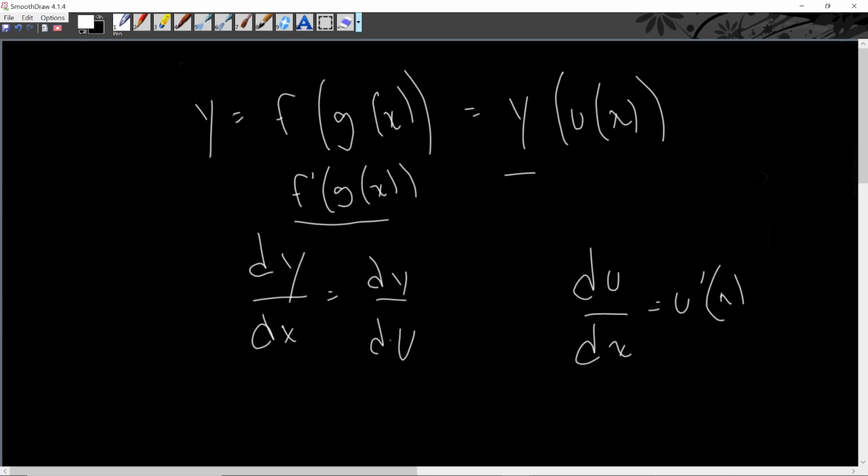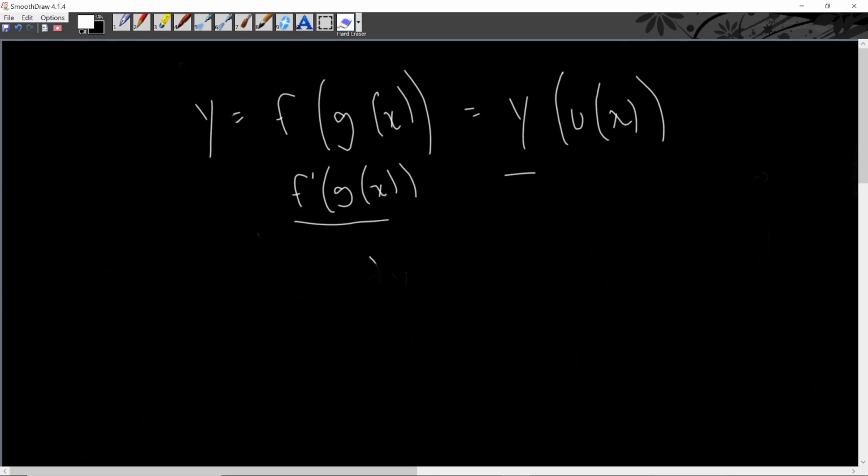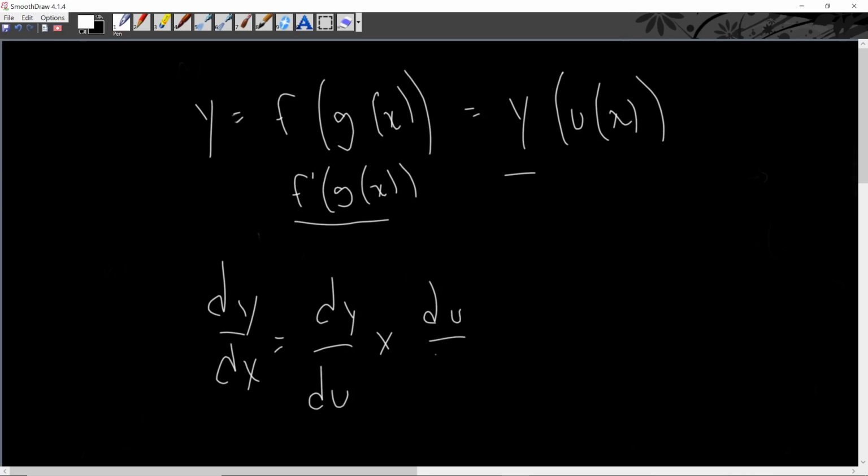So if we were to write dy dx, that's going to just be the derivative of y with respect to u times the derivative of u with respect to x. And u is going to be our input function.